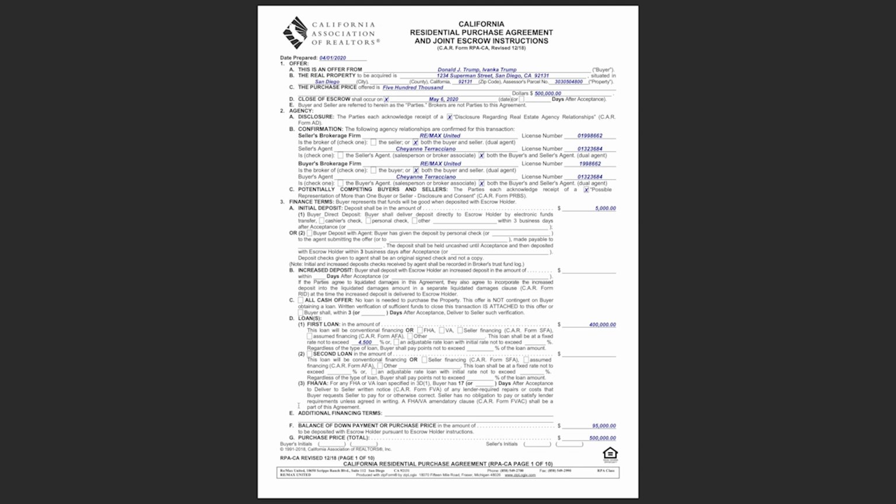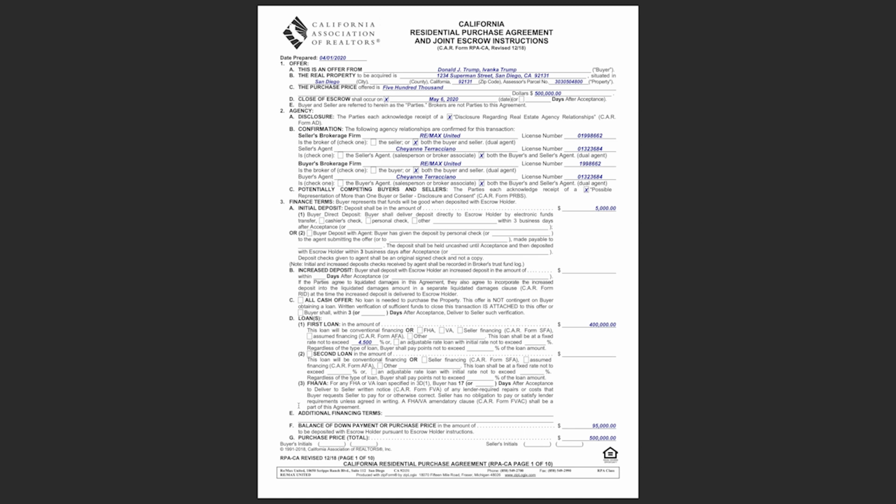So this would be buyer requests seller to pay for recurring and non-recurring closing costs not to exceed $5,000 or 2% or whatever that happens to be. Make sure you specify that you want the seller to pay for recurring and non-recurring closing costs because that is going to address both types of closing costs that can be paid for.